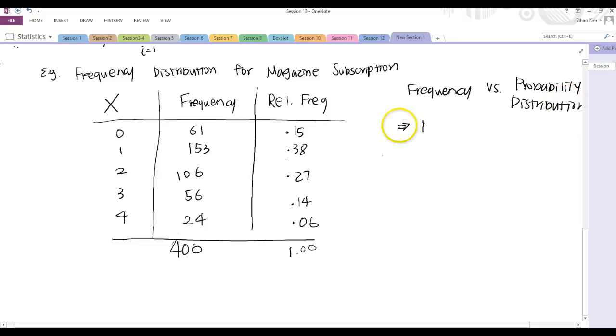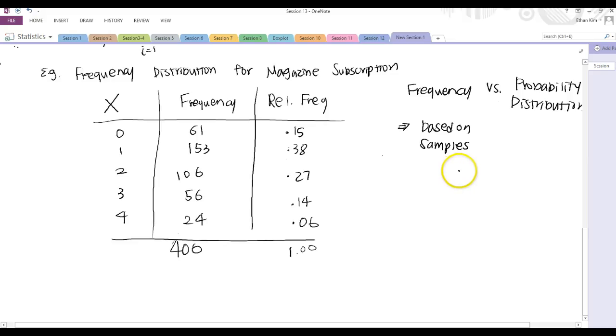Frequency is based on a sample. With frequency itself, we're never talking about the population.